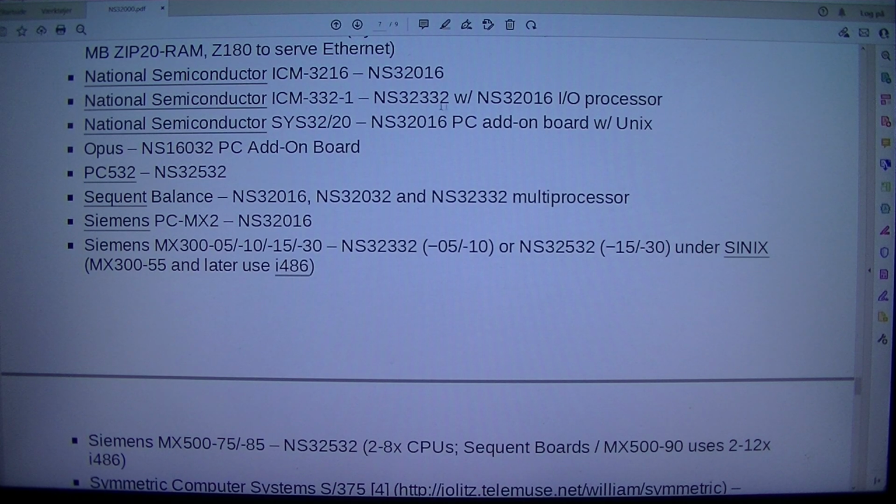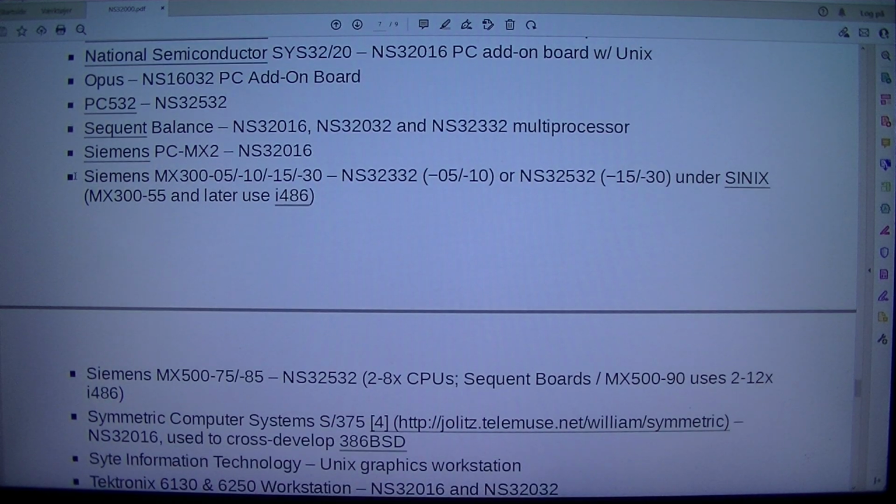National Semiconductor ICM 332-1 NS32332W/NS32016 I/O processor. National Semiconductor System 32/20 NS32016 PC add-on board w/Unix. Opus NS16032 PC add-on board. PC532 NS32532. Sequent Balance NS32016, NS32032 and NS32332 multiprocessor.